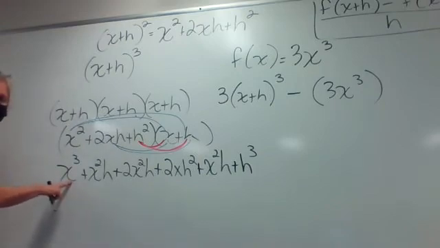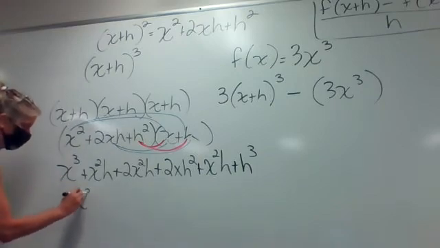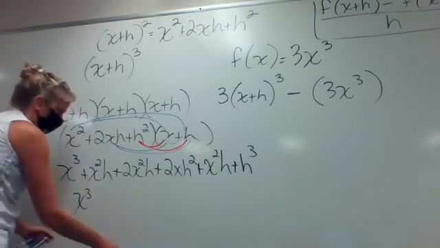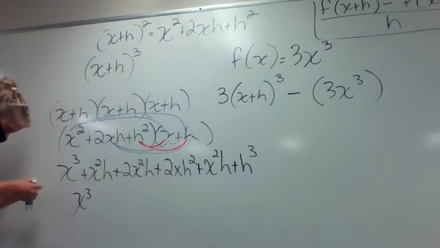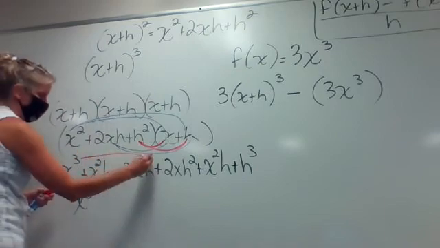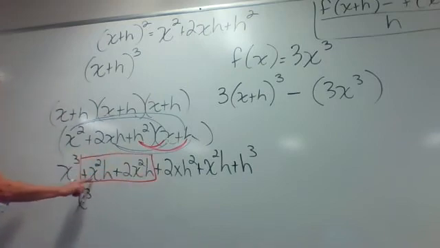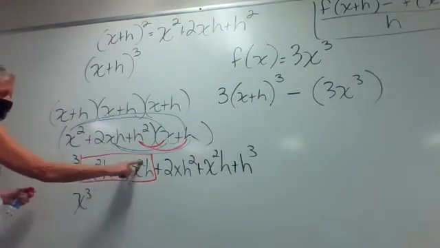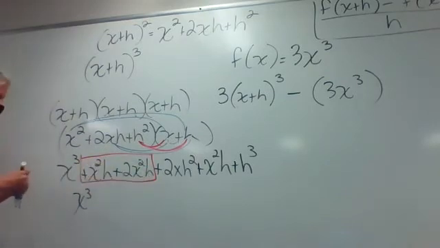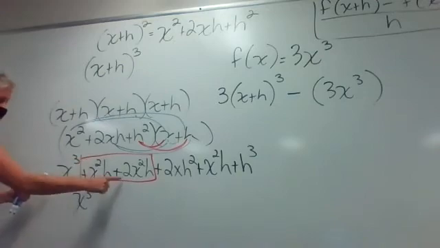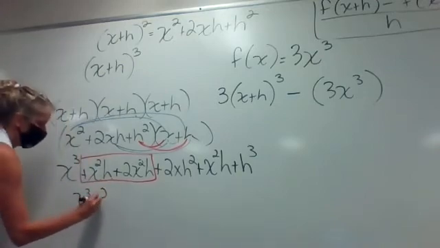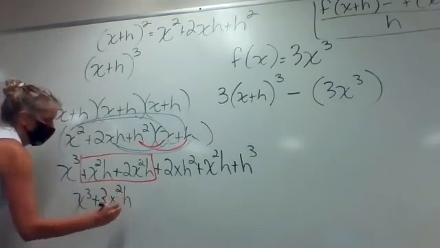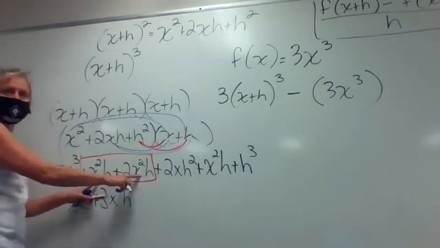There are not any other x cubes. But look at these. They're both x squared h's. So how many? You've got one here and two there. So you actually have 3 x squared h's from putting these two terms together.